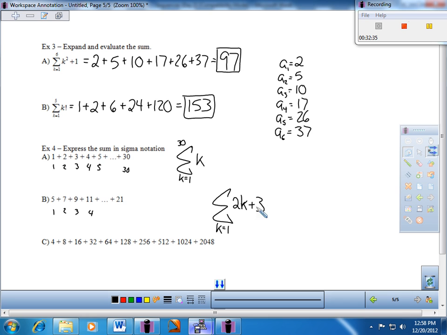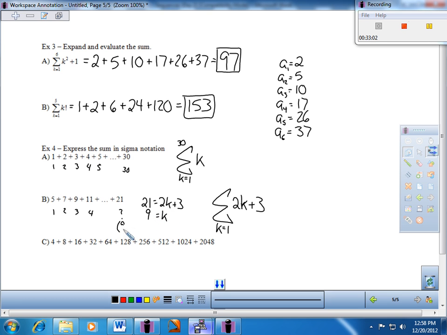Okay. Now the only dilemma here is I don't know what this piece is. I don't know which input produced the 21. But I can at least say, all right, well, that 21 was done by using some value of k. And I hope you see here, if you go ahead and subtract 3 and divide by 2, it looks like we get a 9 right there.